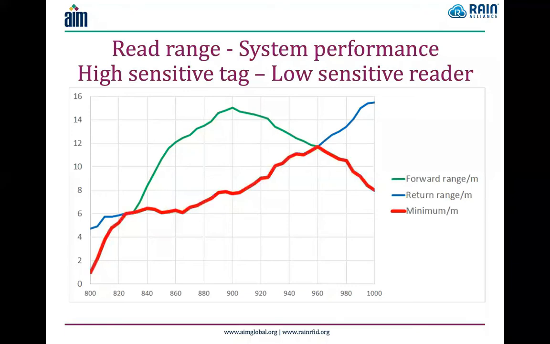As a result, the minimum of both is the operating range. It doesn't help you if the tag can do 15 meters at 900 megahertz, but the reader gap is caused by the reader not having sufficient receiver sensitivity, a range drop of 5 meters or nearly 40%.